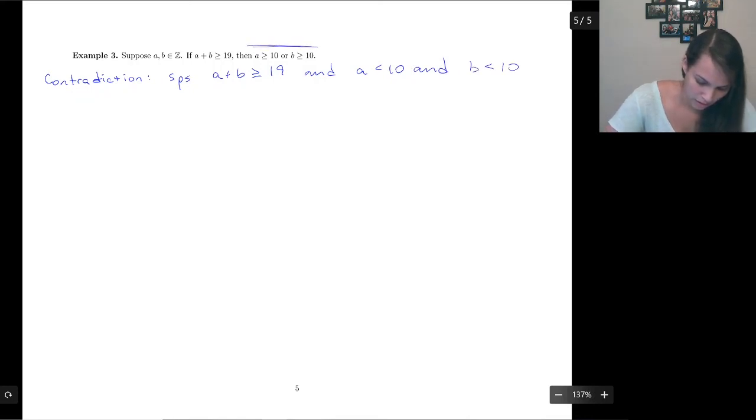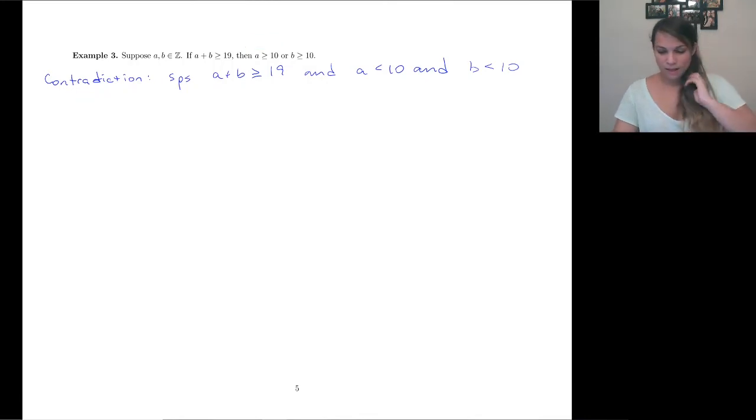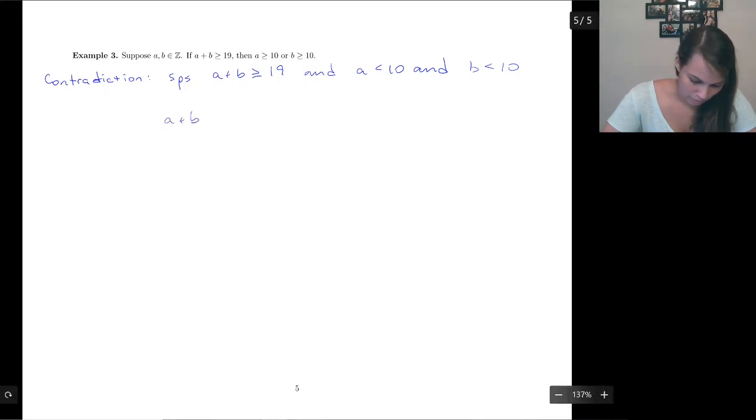Right, so that would be not Q: a is less than 10, b is less than 10. Change the or into an and. So now that we have that, now we can start running with a plus b. What can I say about a plus b?